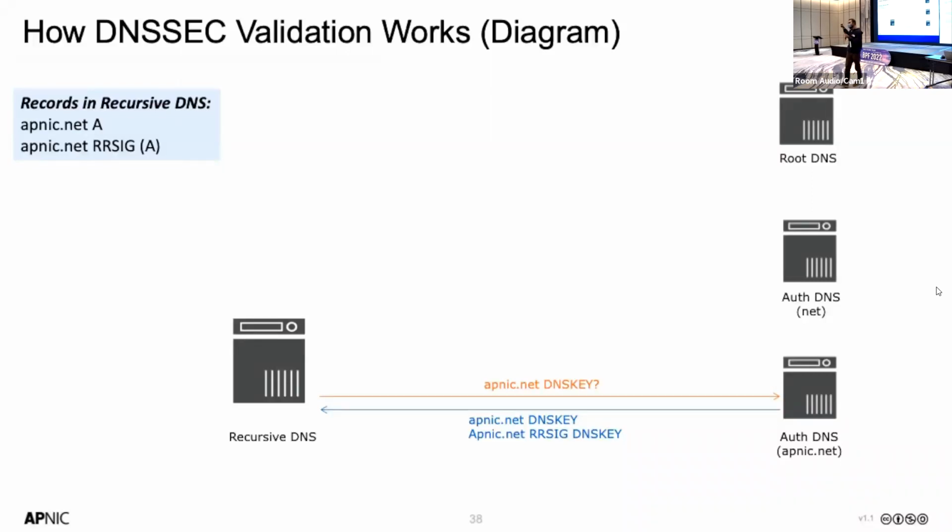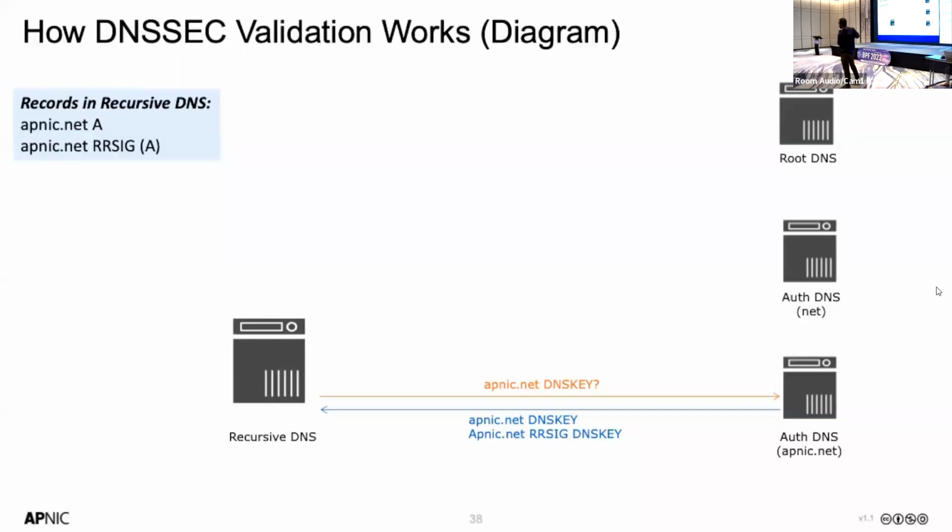So remember when Shane was presenting, each key has two parts. It's a pair. It has a public part and a private part. So the private key is used to create the signature or sign your zone.